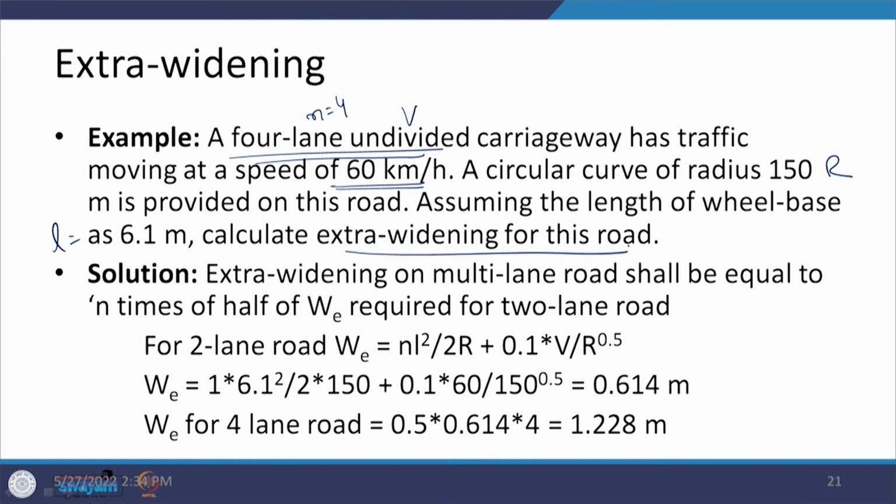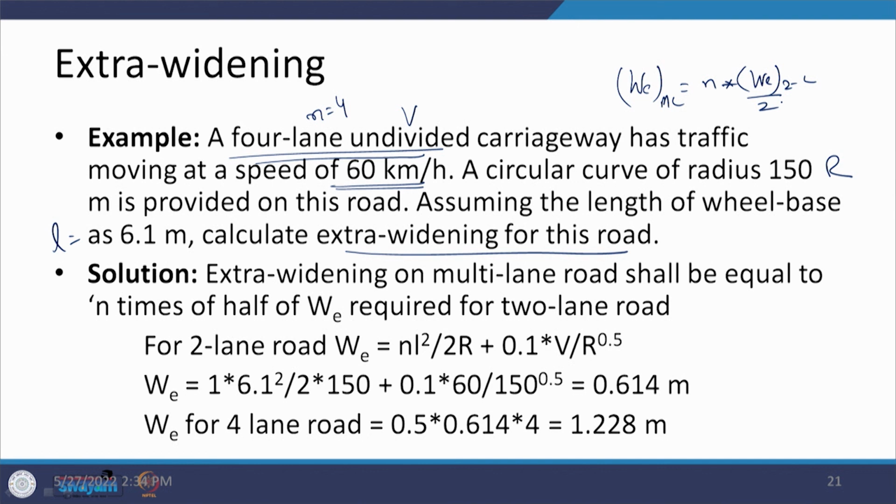Now, if you remember when we talked about the multi-lane system, it is nothing but n, the number of lanes, multiplied by WE for a 2-lane system, taking half of that, which is going to give you the total extra widening to be provided here.